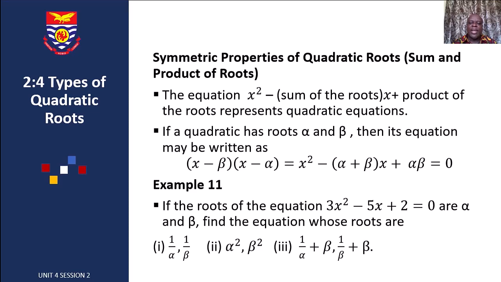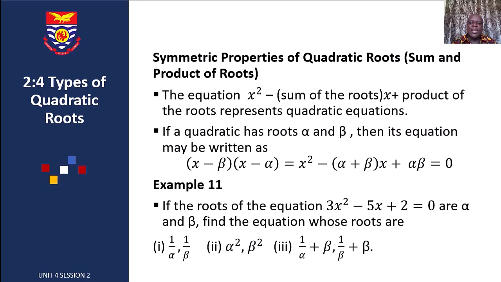And when we expand, we get x squared minus (alpha plus beta), which represents the sum of the roots, times x, plus alpha beta, which represents the product of the roots. Let's look at an example.